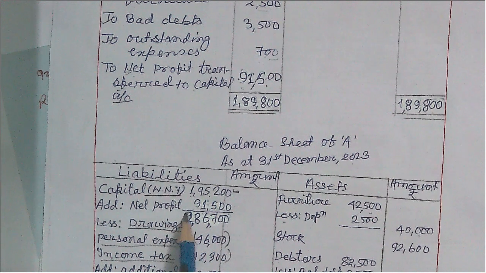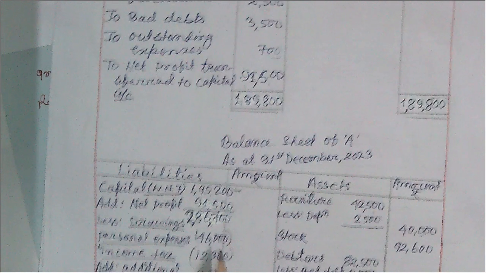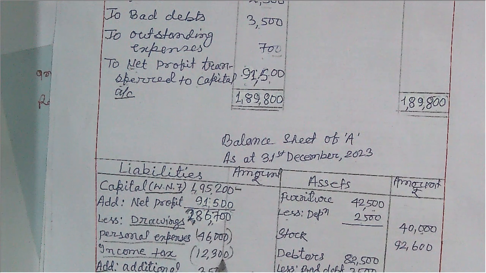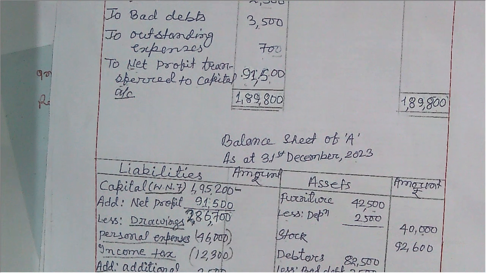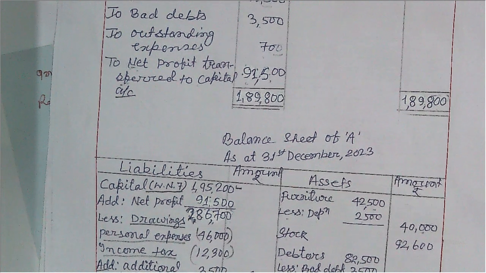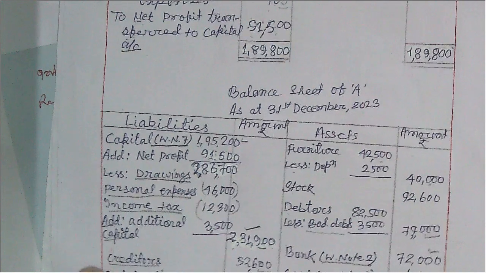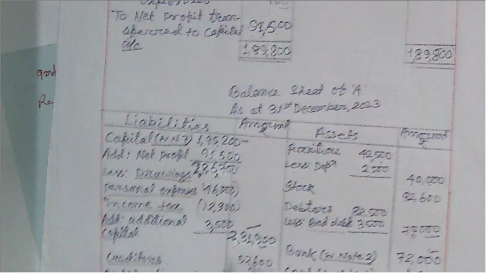This is the 2,86,700. And drawings amount 46,000 and 12,300 plus additional capital 3,500. Then the final figure is 2,31,900. Okay, so 2,31,900 is the net capital balance.